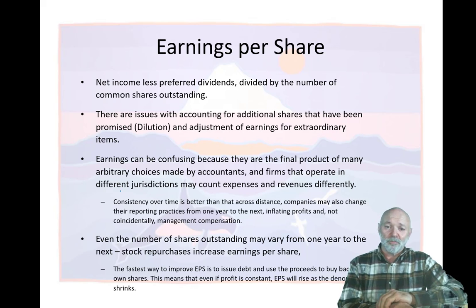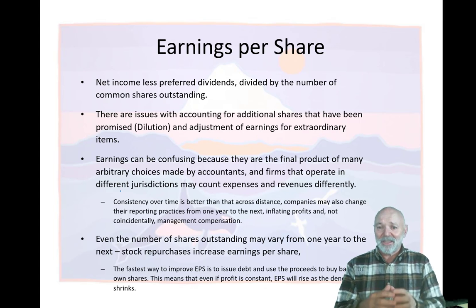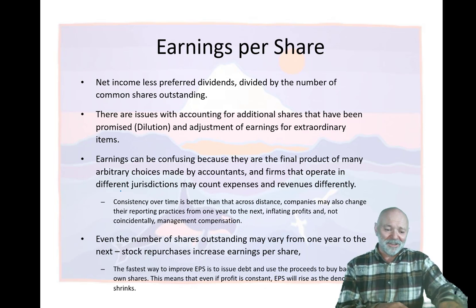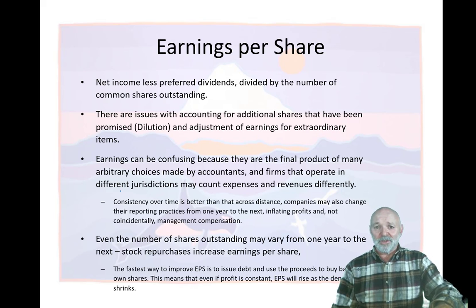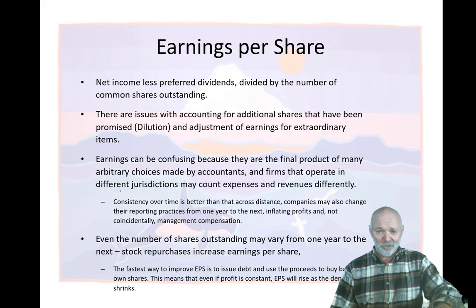So either by using debt or by using your spare cash, reduce the number of shares, shrink the denominator, and the price earnings multiple will improve, and it'll make the company look good. The share price will go up even more. Managers who are rewarded with stock options will see the value of their options increase. So that has got to be part of the explanation for the manipulation of earnings per share.